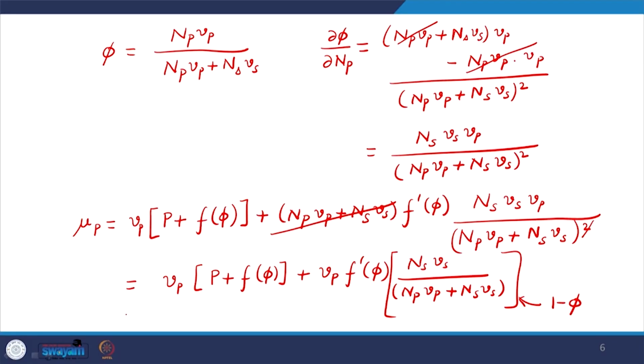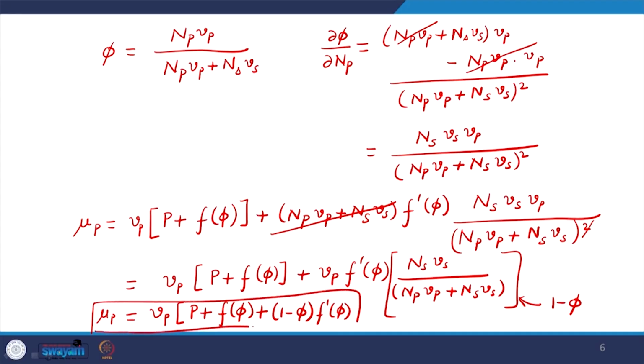So, therefore, what we have is Vp multiplied with P plus F of phi plus 1 minus phi F prime phi, that is the expression of my mu p. So, now I can do the same exercise for the chemical potential of the solvent.